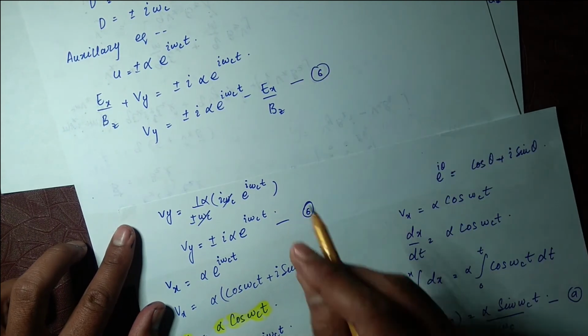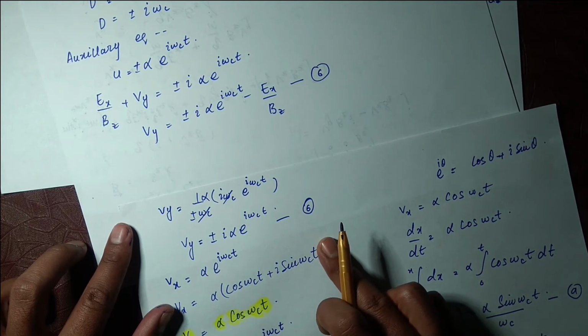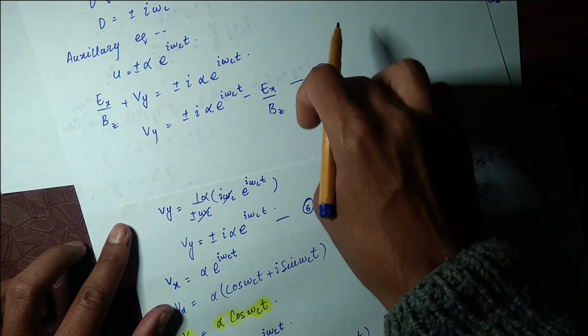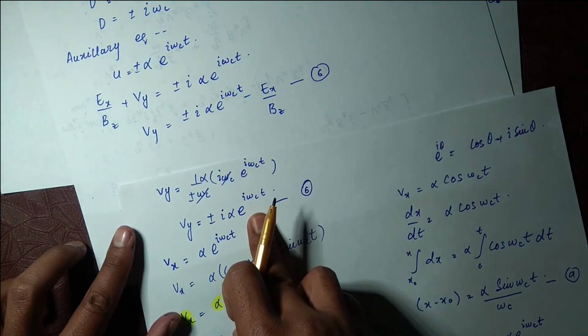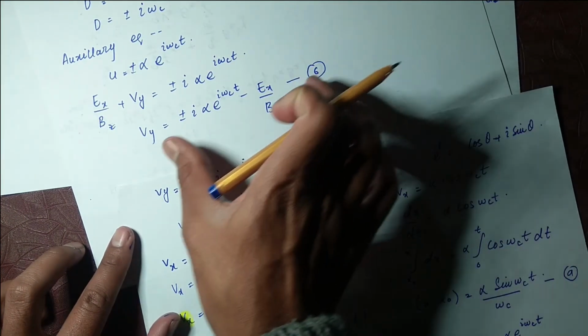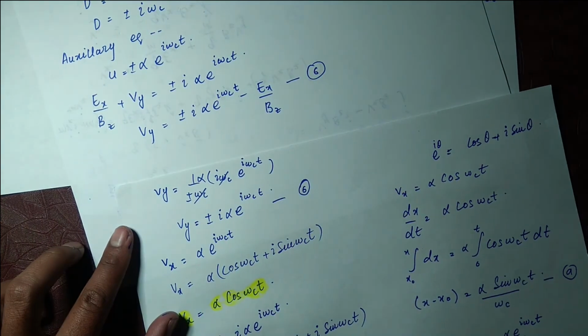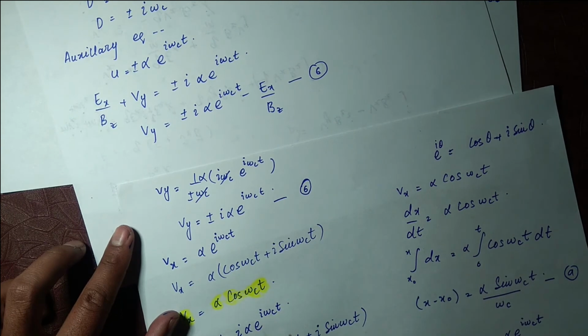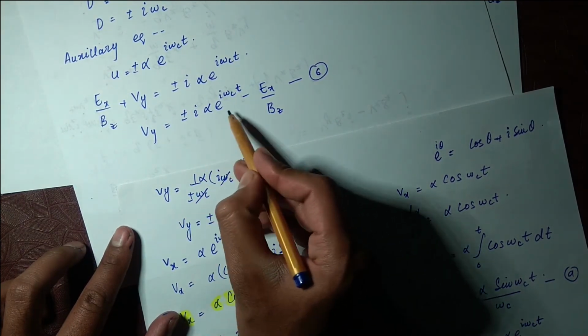So comparing equation number 6 from my previous lecture and the recent equation we have derived, there is a similarity. Plus minus iota alpha, this first term here, is the same.